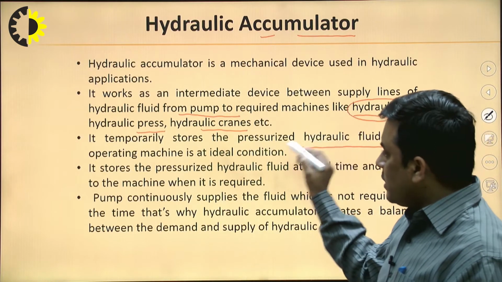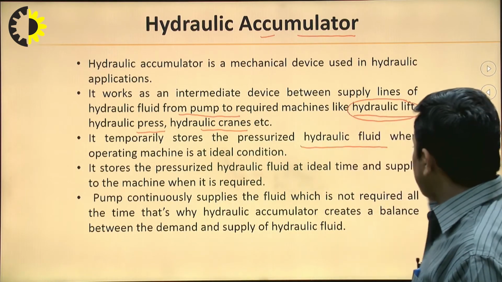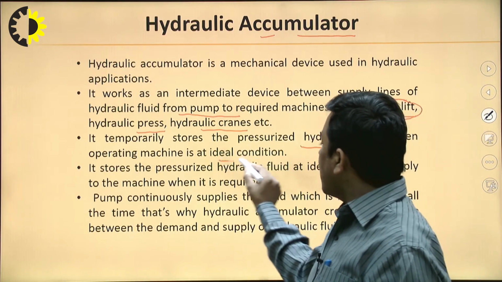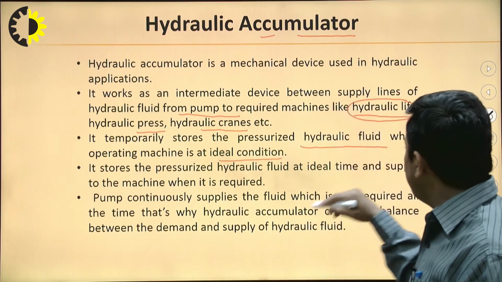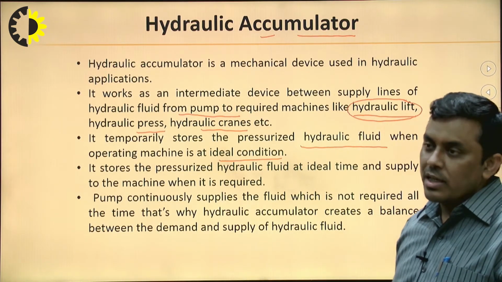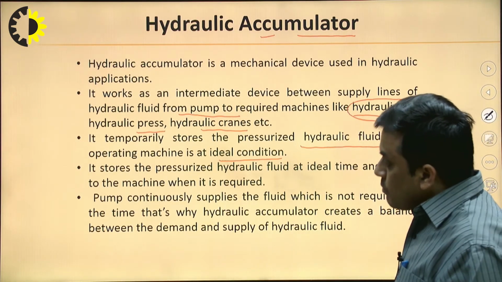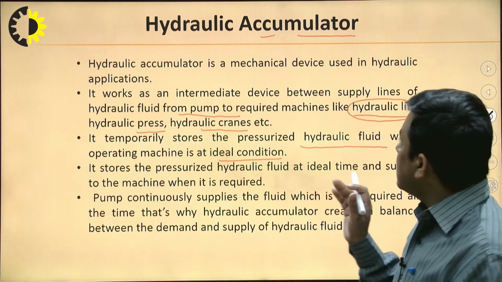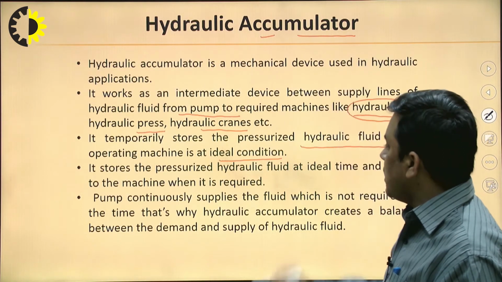It temporarily stores the pressurized hydraulic fluid when the operating machine is at idle condition. When the machine, meaning the hydraulic lift, press or crane, is not working, the pump energy of the pressurized fluid is stored in the hydraulic accumulator.